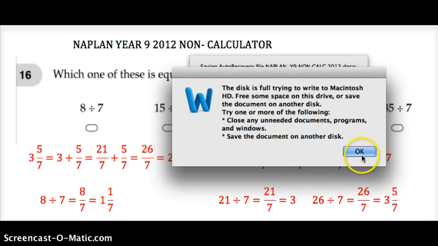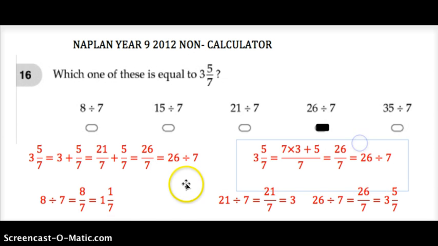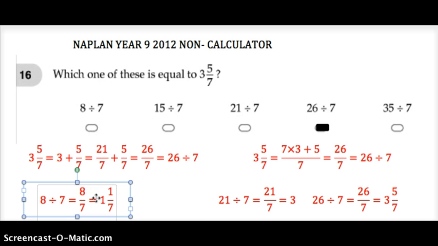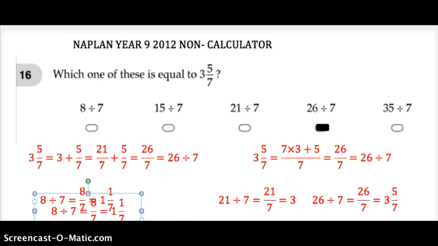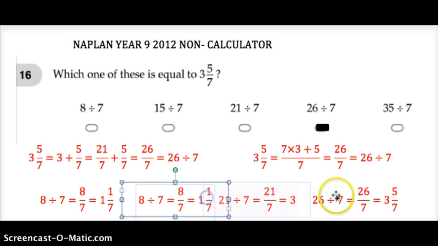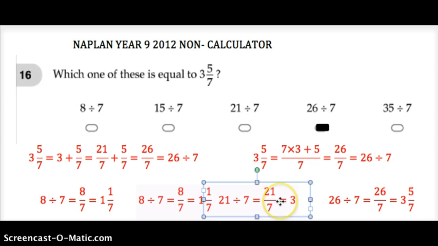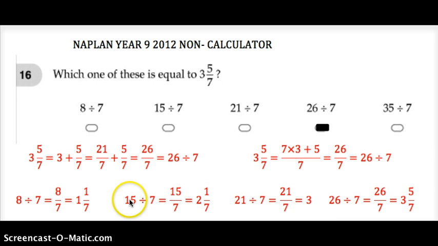We could do the same thing with the second one, which is 15 divided by 7. So 15 divided by 7 is 15 over 7. So we say 7 goes into 15 twice, because 7 times 2 is 14, with 1 remainder over 7. That's obviously not what the question is, so that's not the answer.